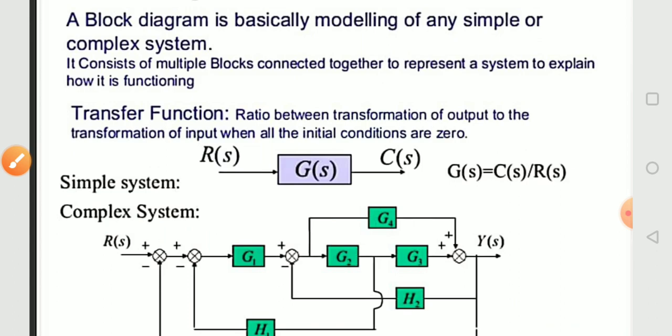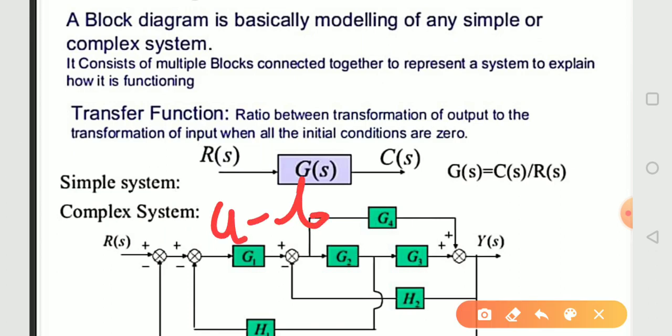If you combine your signals by mode of subtraction, the output will be A minus B, because signal A is here and minus B signal is coming from here.